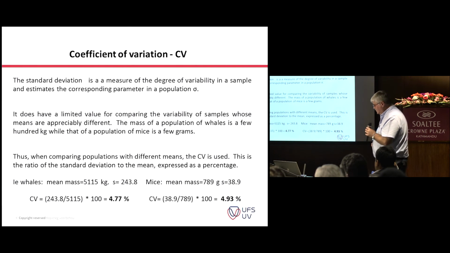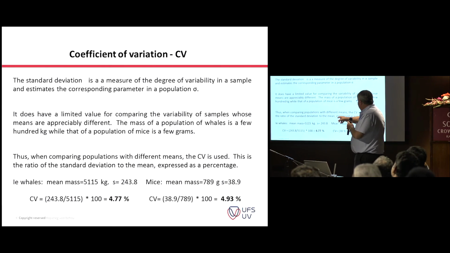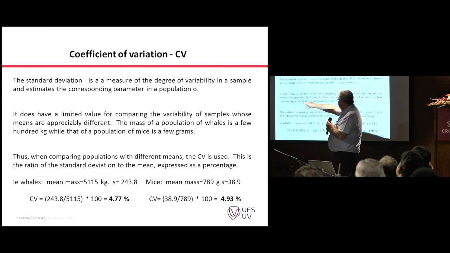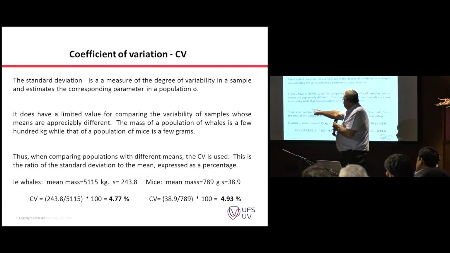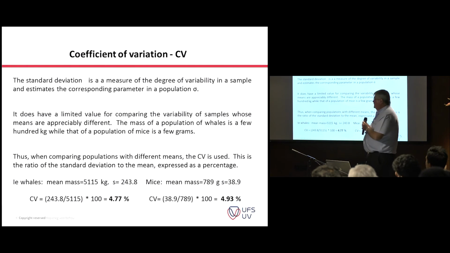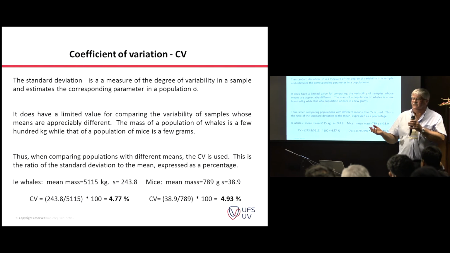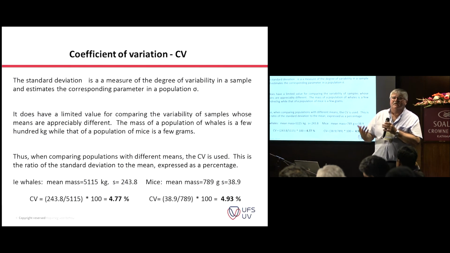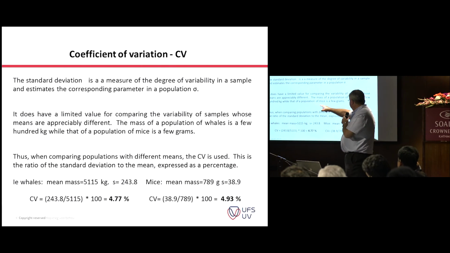And I want to emphasize, you need to look at your standard deviation in relation to the mean. So one of the things we can do is we can have a look at the deviation around the mean of whales, the deviation around the mean of mice, and I can express them as a percentage, and you'll see that the deviation is about the same on either side in terms of percentage of the mean.